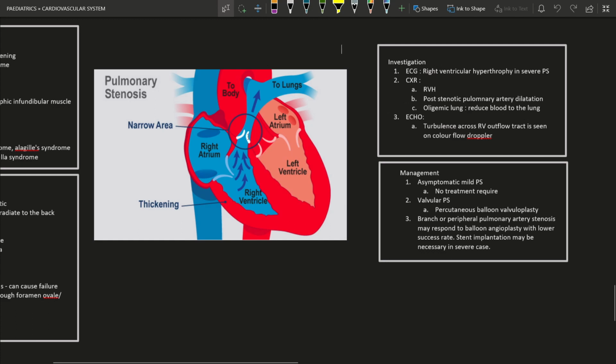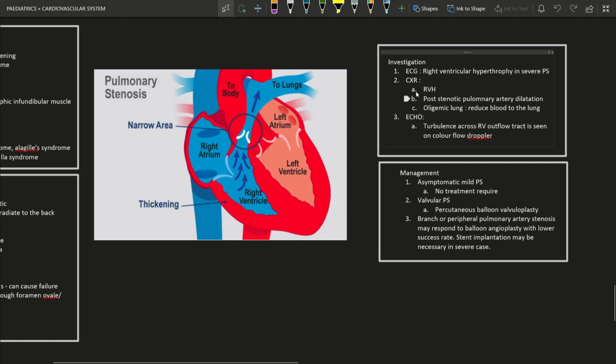This is because when there is a narrowing, the right ventricle increases its contractility, so the blood going to the lung increases in velocity because of the narrowing of the stenosis area. That can cause the pulmonary artery dilatation around here.